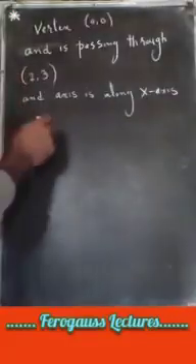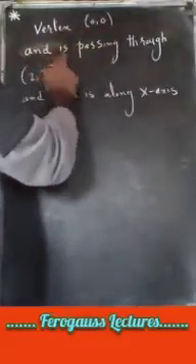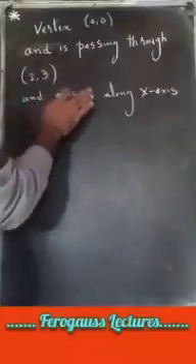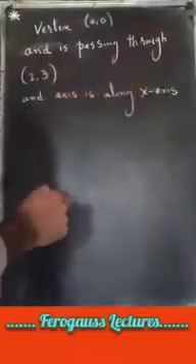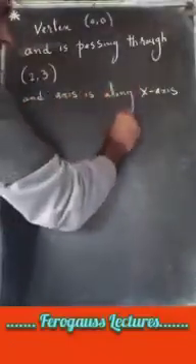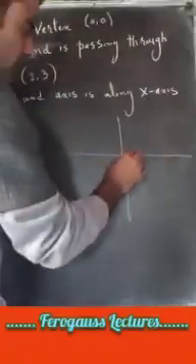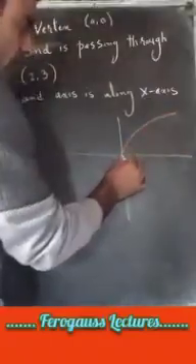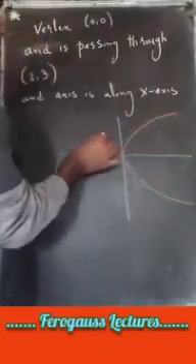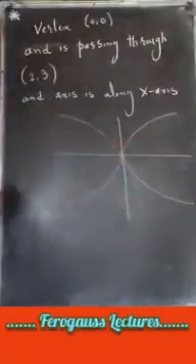Now since the axis is along x-axis, the parabola is either like this, that is axis along positive x-axis, or like this, that is axis along negative x-axis.